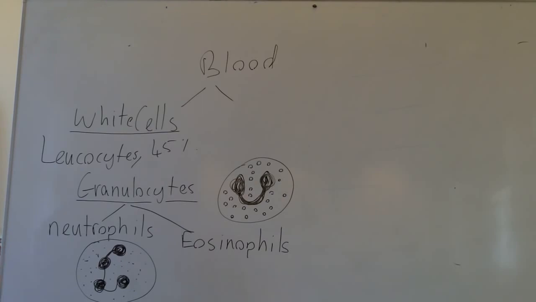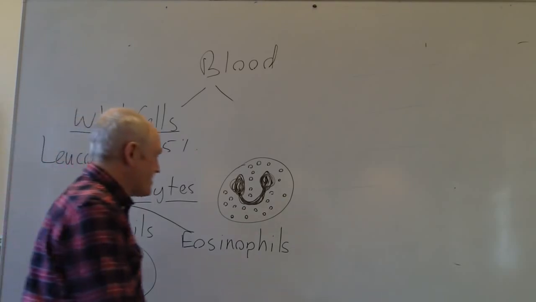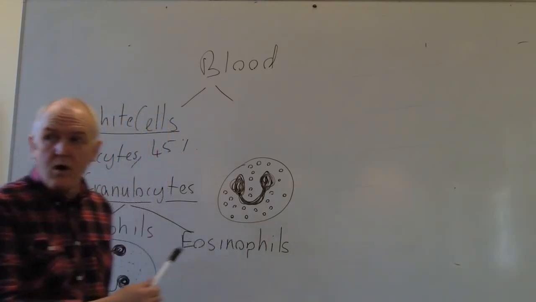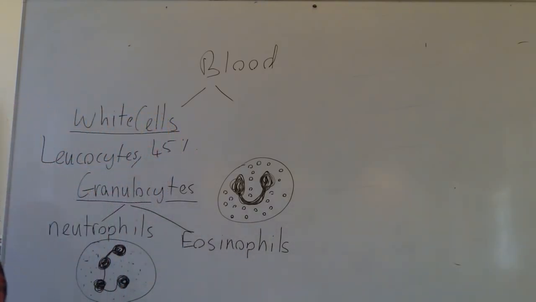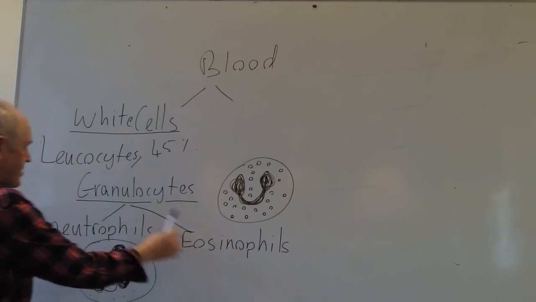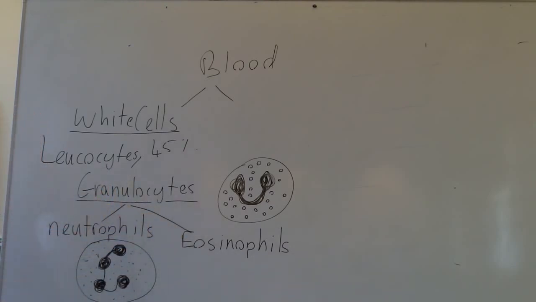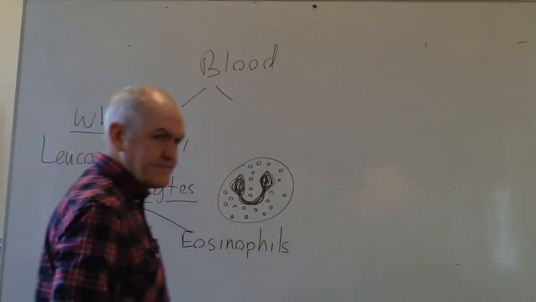If you had some sort of worms growing in your lungs or in your gut or in your tissues, the amount of eosinophils in the blood would go up to combat that infection. So eosinophils are also granulocytic leukocytes. They're white blood cells that contain granules.